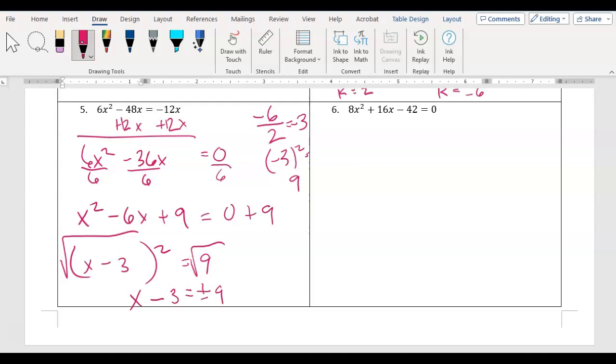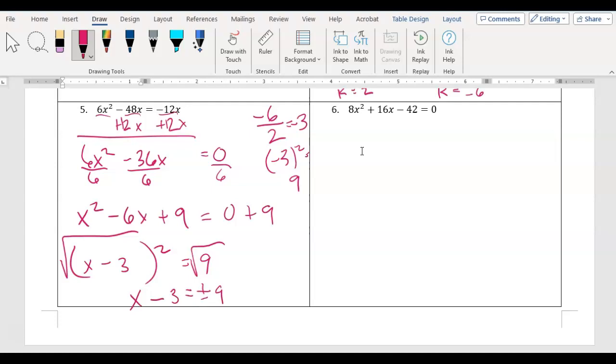Now, if you wanted to multiply the whole thing by 6 to make it 36 and make a perfect square that way, you certainly could, but you're going to get a lot of really big numbers. And so in this instance, dividing by 6, since these are all divisible by 6, makes it a little bit easier to handle.